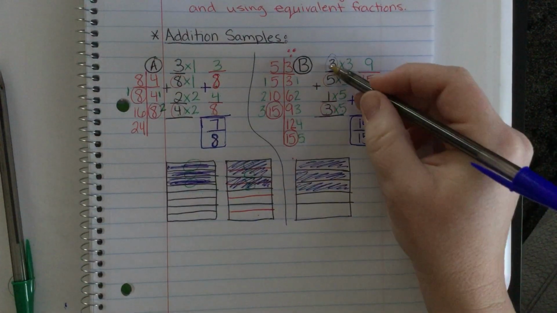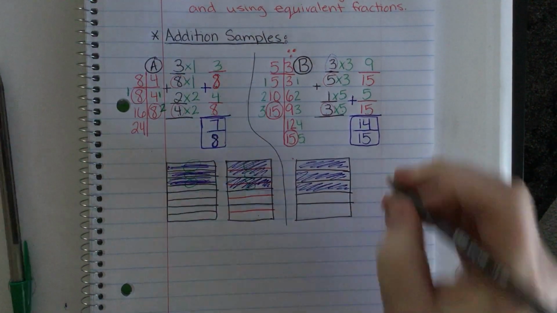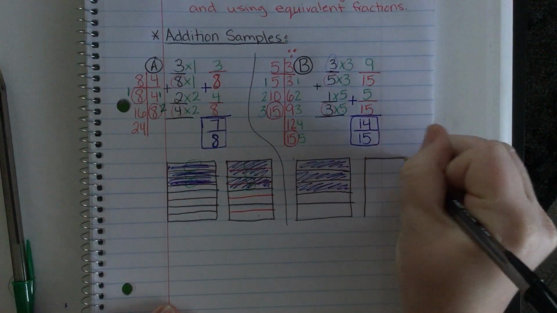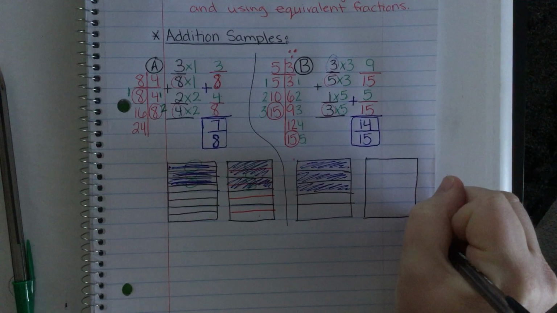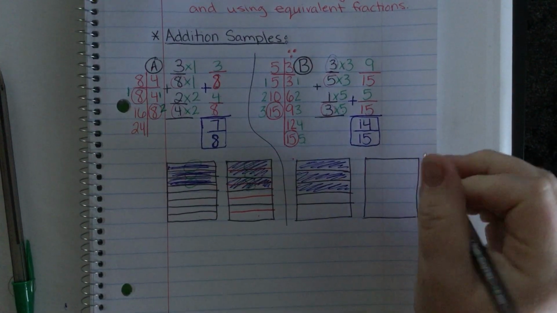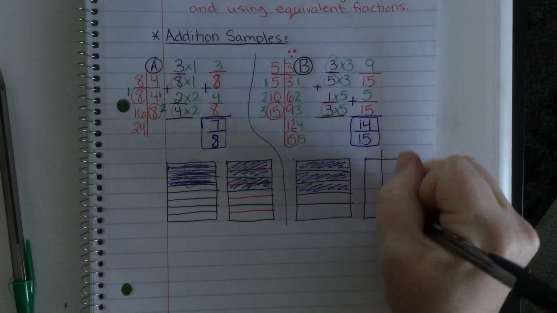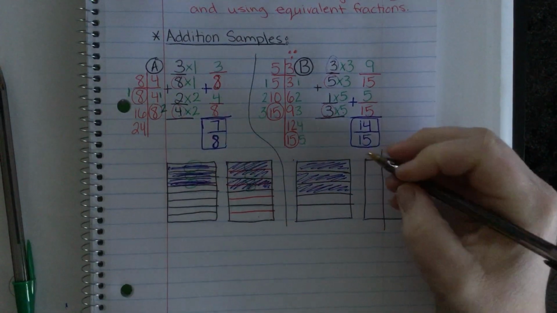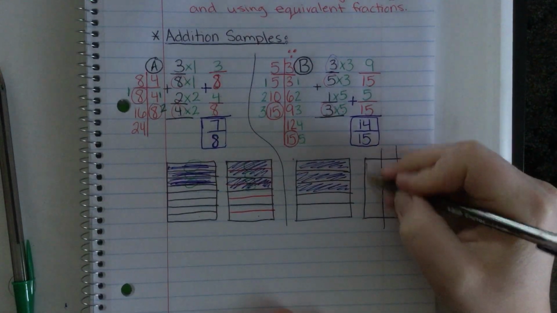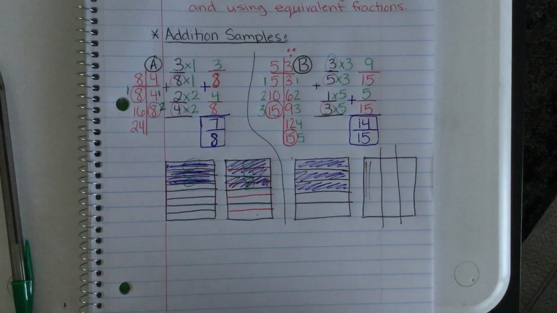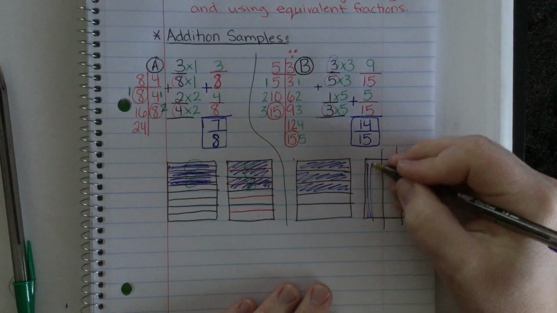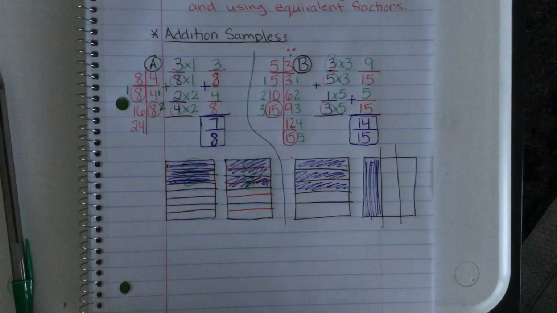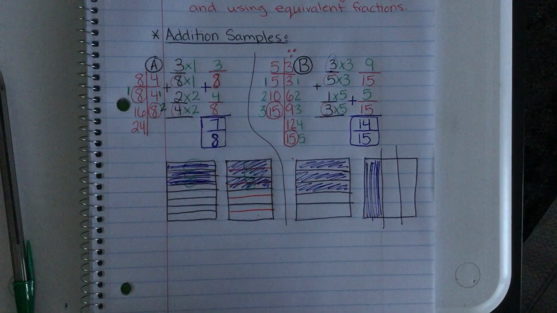Okay, that's that fraction. Now I'm going to do my other square or rectangle, and it's going to represent 1/3. So I have this split into thirds. I'll do vertical just to show you it doesn't really matter which way we go. And I'm going to color in one of those pieces. Okay, so here's 3/5.